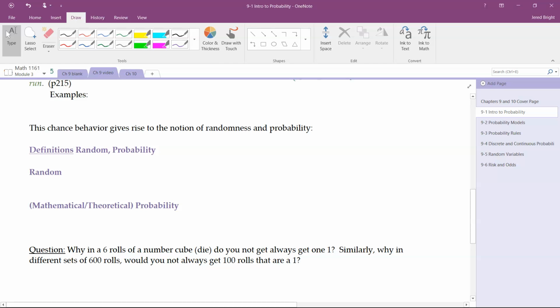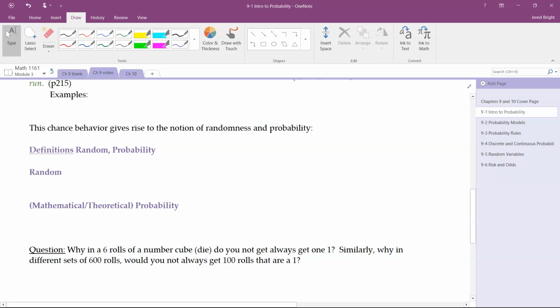Probability is the idea that any single outcome is a random phenomenon, but we want to look at the overall probability of an event being what would occur in a very long series of repetitions.